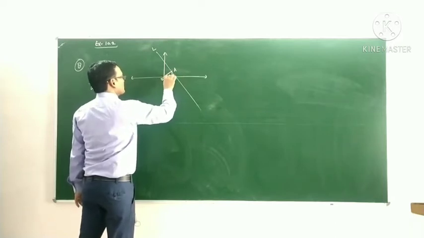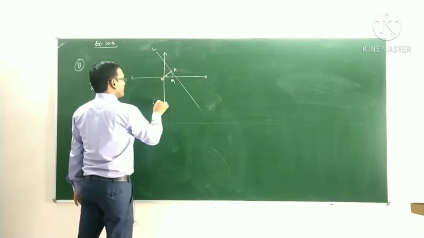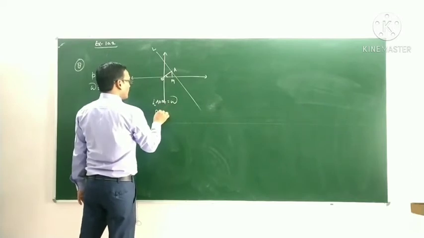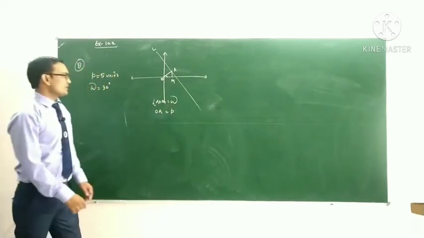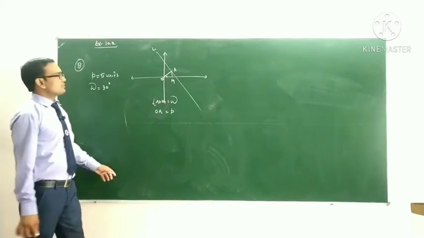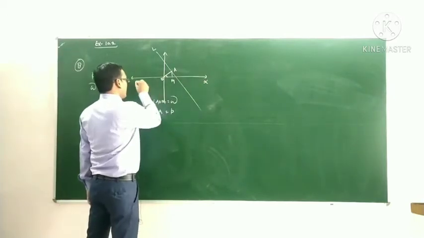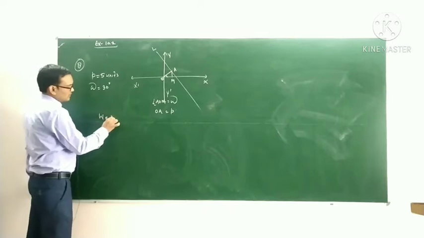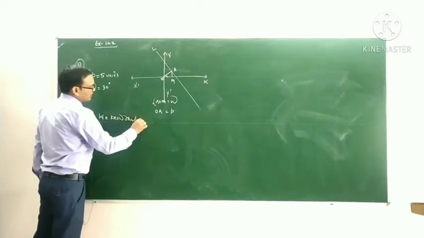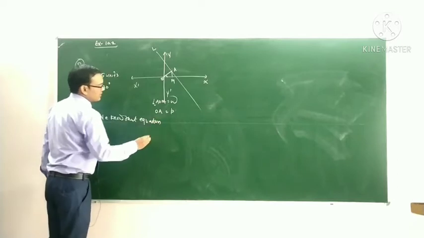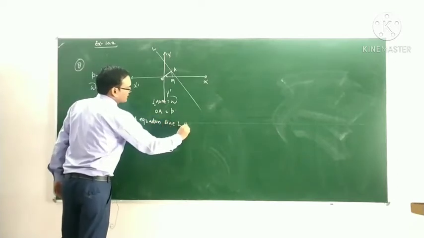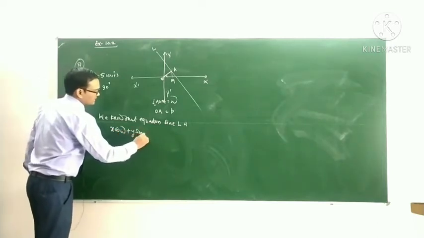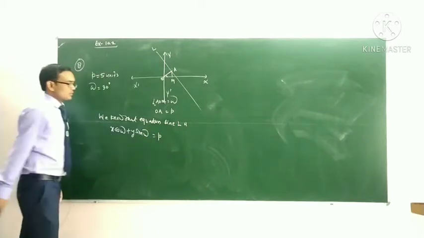Here this angle, angle AOM, is equal to omega and OA equal to p. In this question it is given, then we find the equation of the straight line L. We know that the equation of line L is x cos omega plus y sin omega is equal to p.